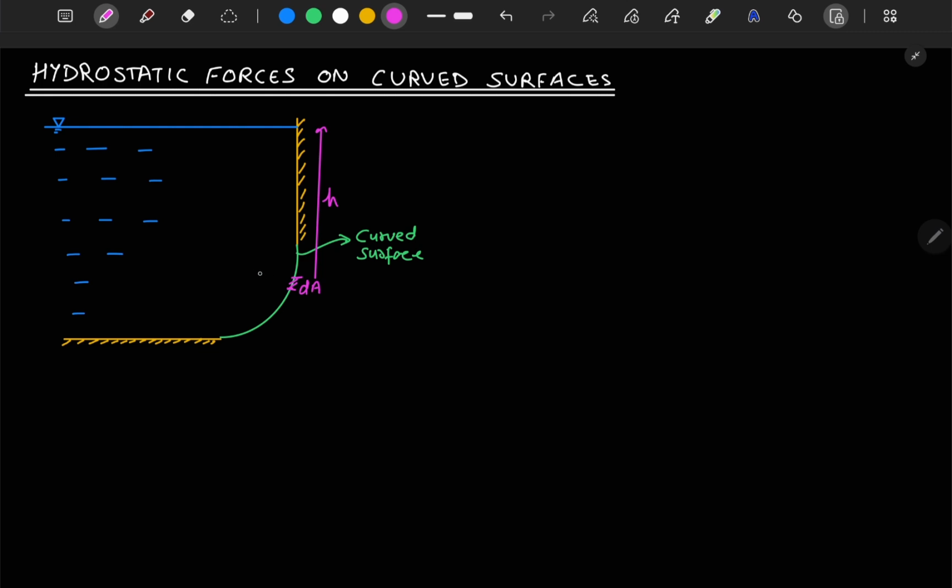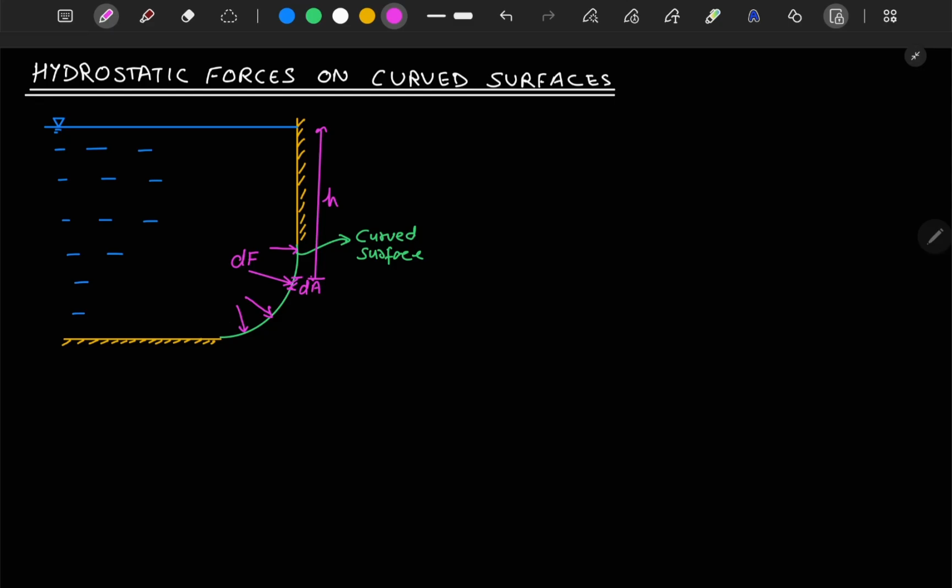The hydrostatic force acting on this small surface, dF, will be some value, let's say rho g h. As your h varies, your force magnitude and force direction will also change.